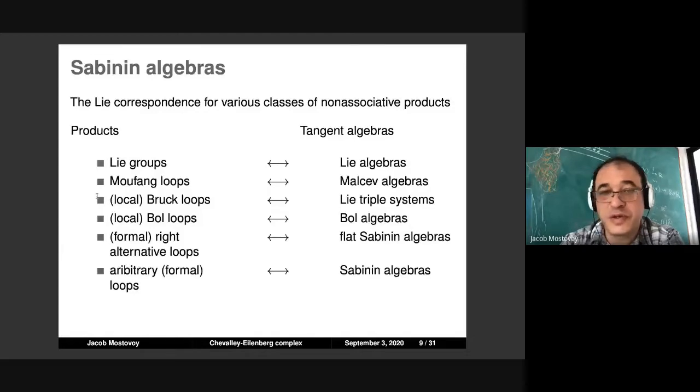So it's a bit of a miracle that the Lie group is encoded completely, or at least up to a covering, by a vector space with a bilinear product, satisfying some really simple identity. So while we go down along this table, somehow the miracle starts waning.